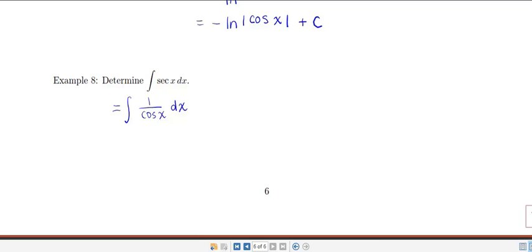And in fact, if we want to derive the antiderivative using the definition, we will require a new technique that we're going to study in chapter 8, an integration technique called partial fractions. So we cannot go this route.